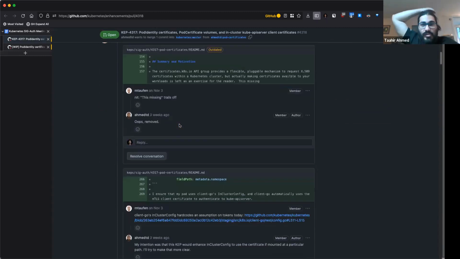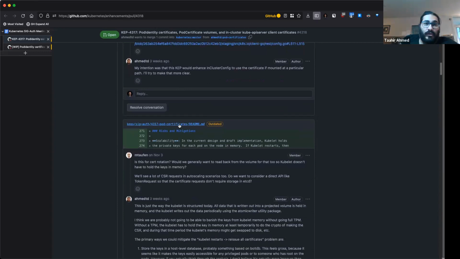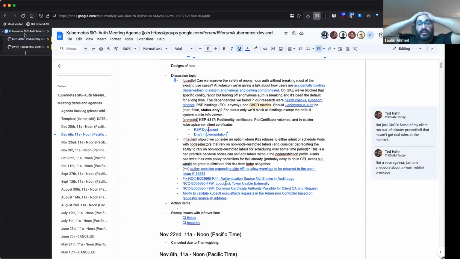Those let you distribute trust anchors, so root certificates, into pods. And this is the other half. This lets you put client certificates or server certificates into pods with a kubelet volume that automatically handles rotating the certificates as needed.